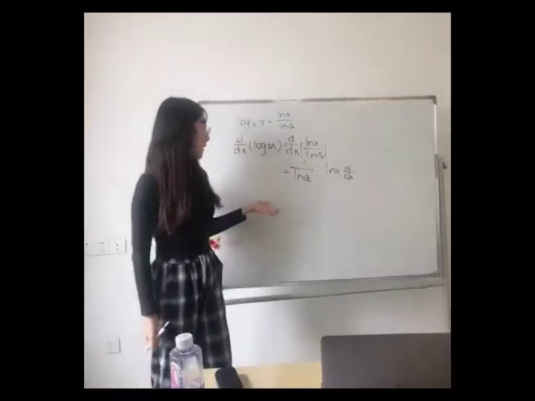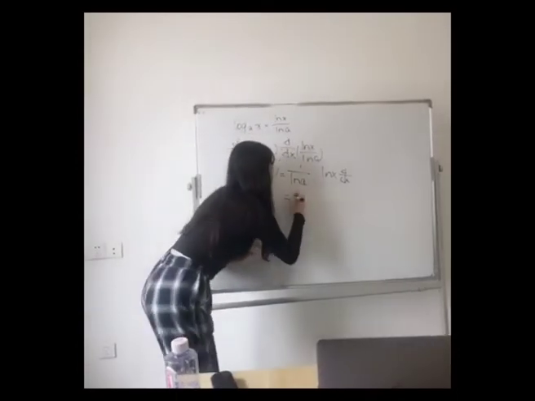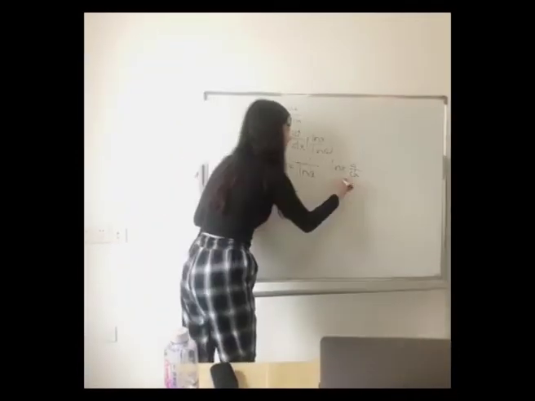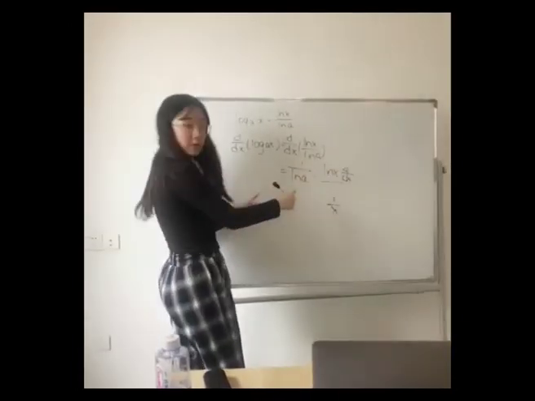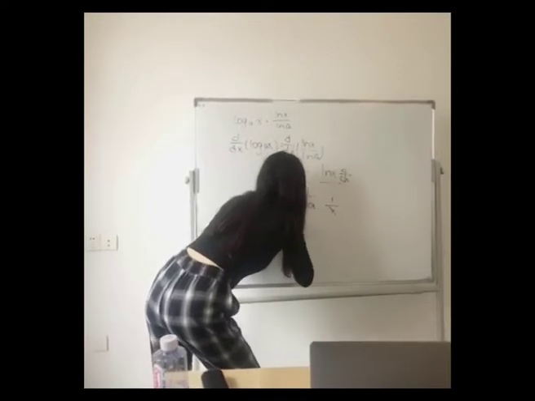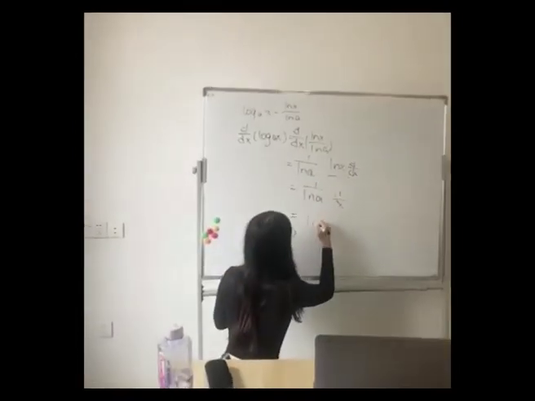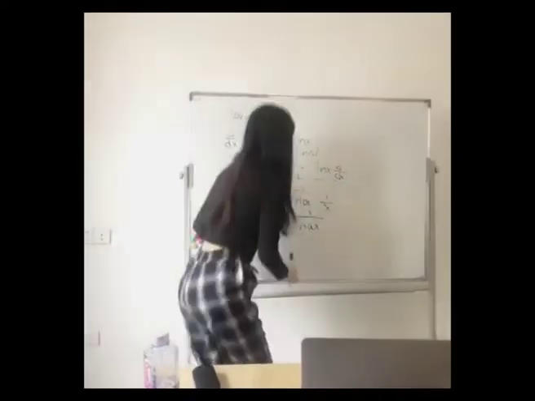The third step is to rewrite this function into this one, and then we also know that the derivative of log x equals 1 over x, so this function can be written as this one. And we will get the outcome.